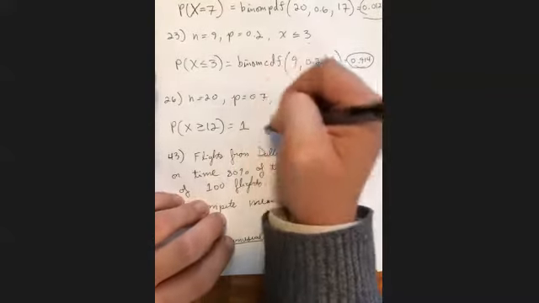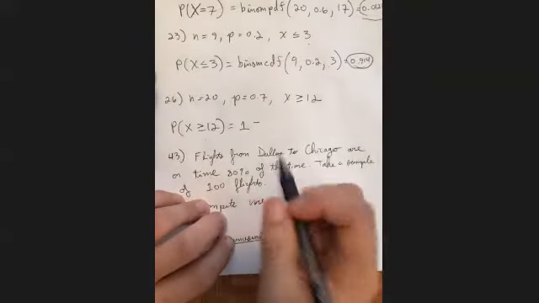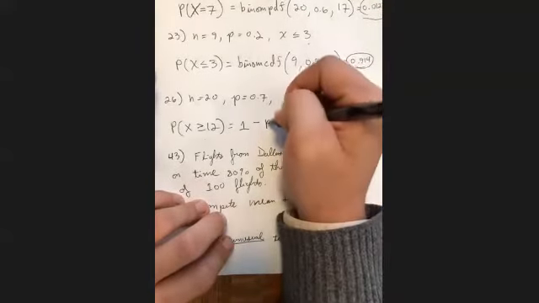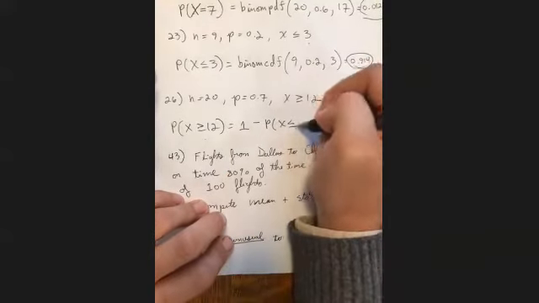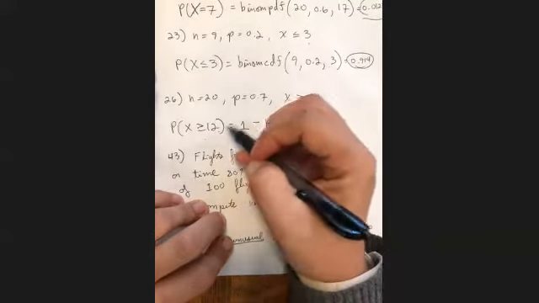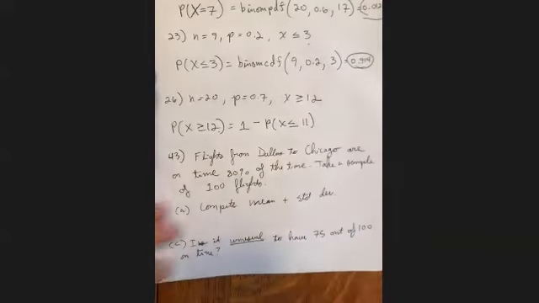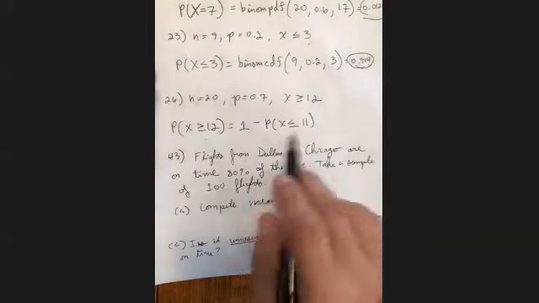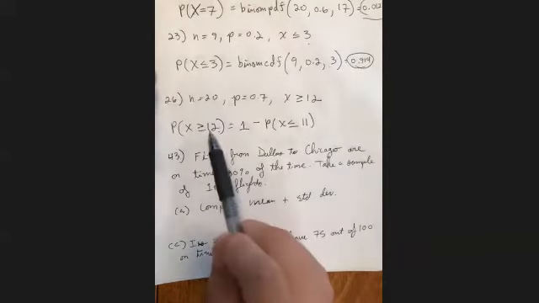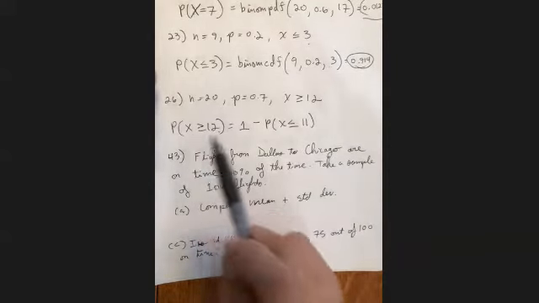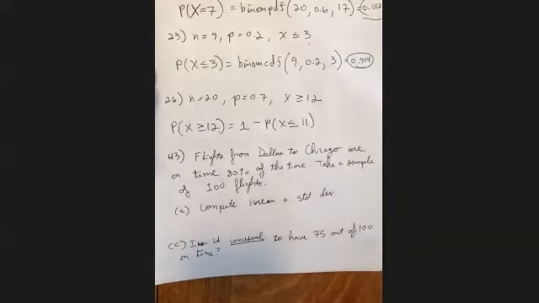So we use the complement rule because this is an at least probability, and we translate it into 1 minus the probability that X is less than or equal to not 12, but 11, because that is the complement to greater than or equal to 12. So 12 is included in this probability, so its complement should not include 12.